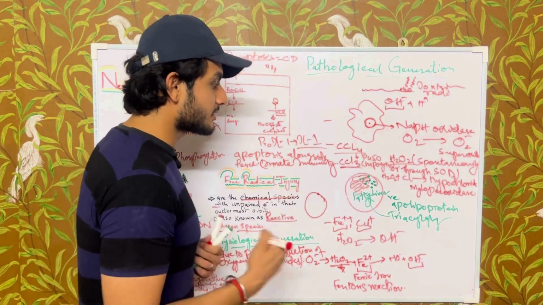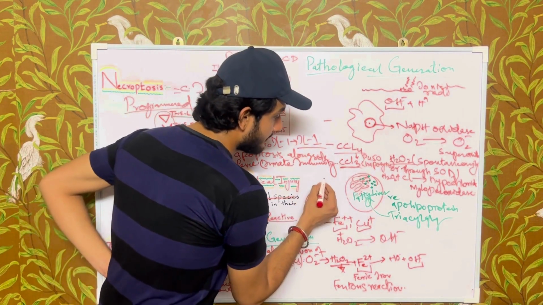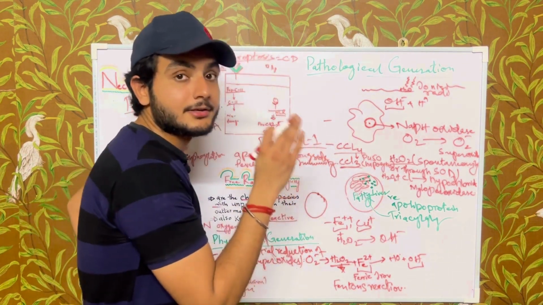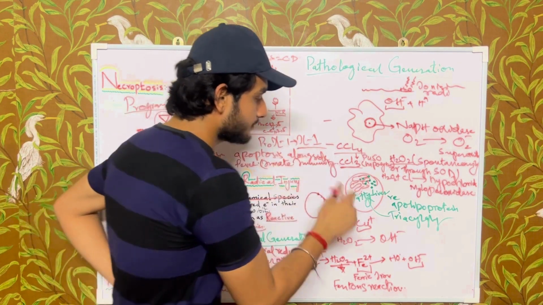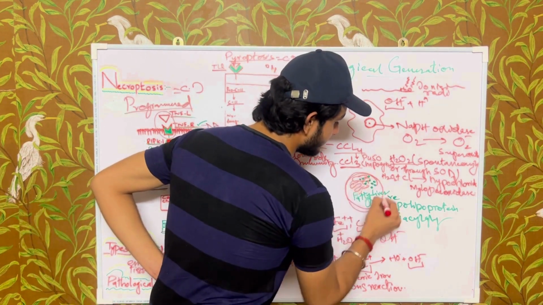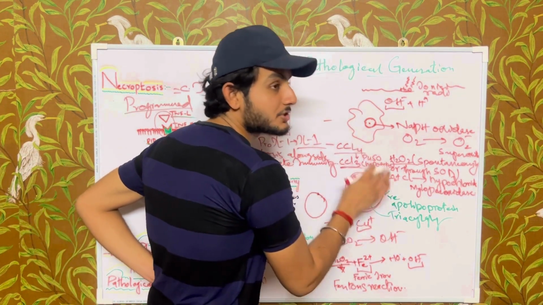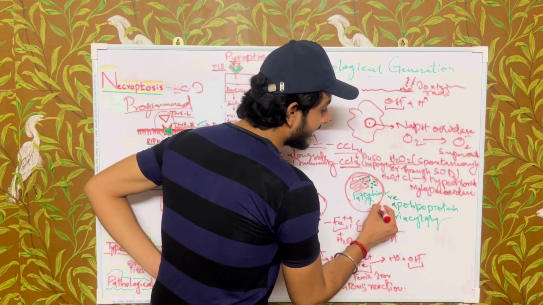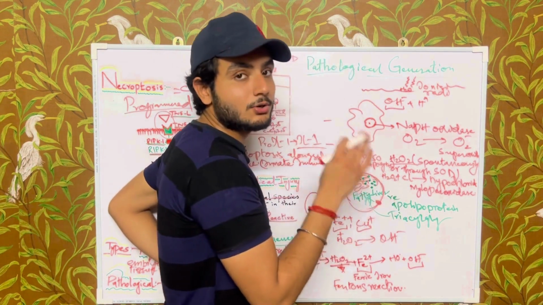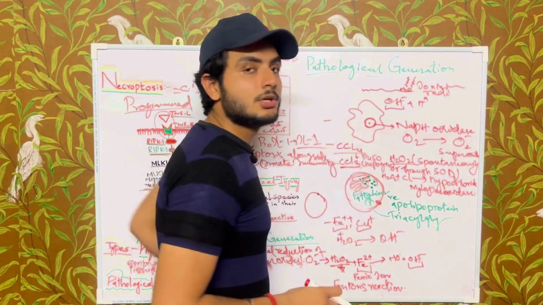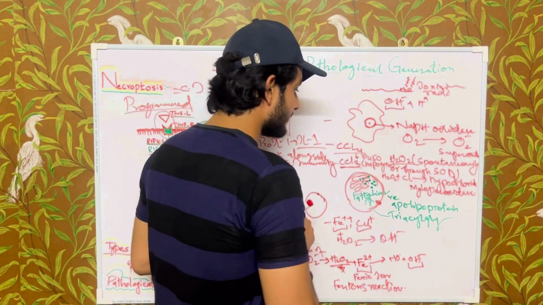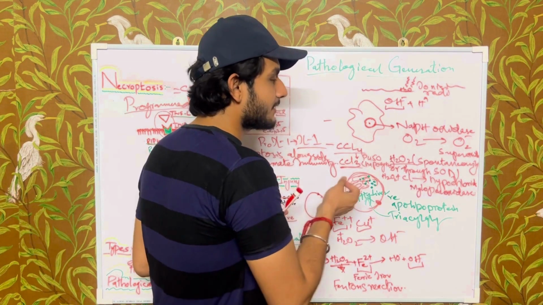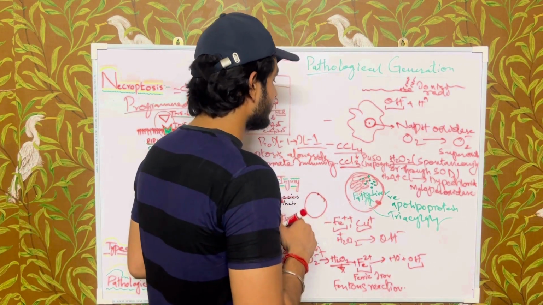These free radicals firstly cause the peroxidation of membrane lipids. The membrane lipid gets peroxidized due to these free radicals, due to which aldehydes are formed. These aldehydes then cause further damage to the cell. This was the first damaging effect of these free radicals.